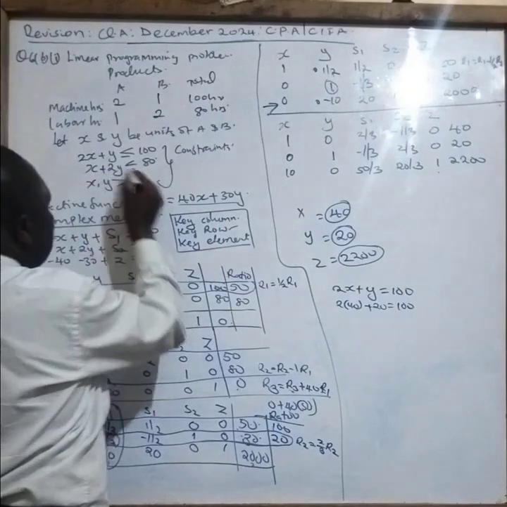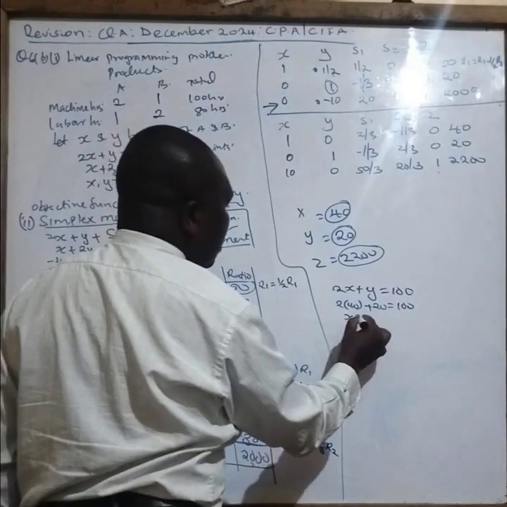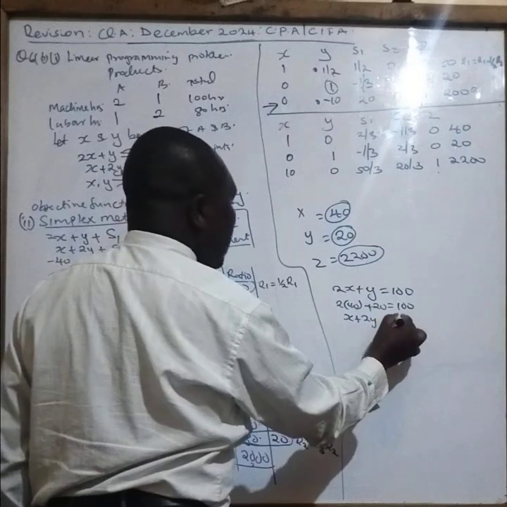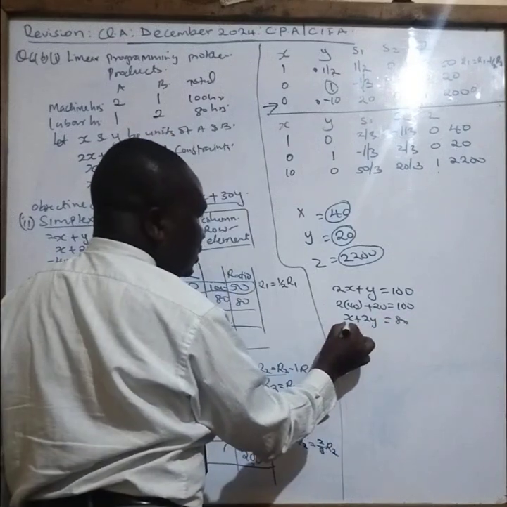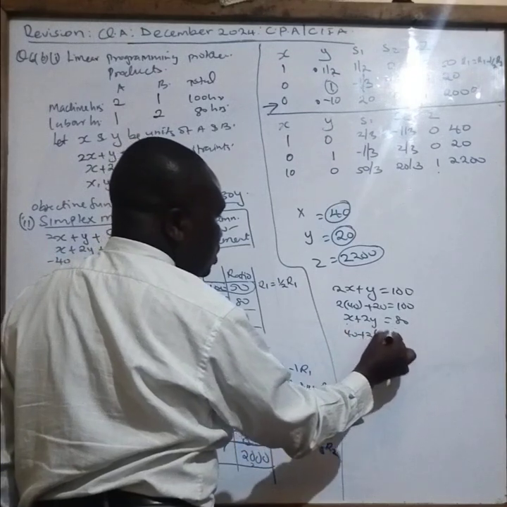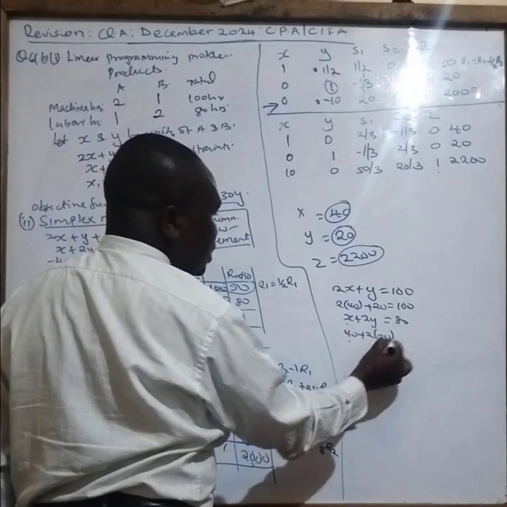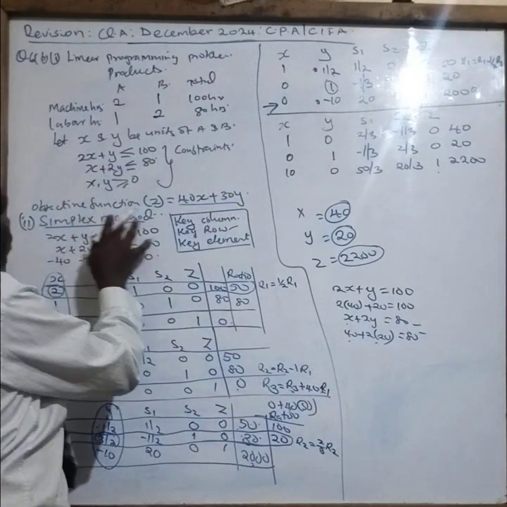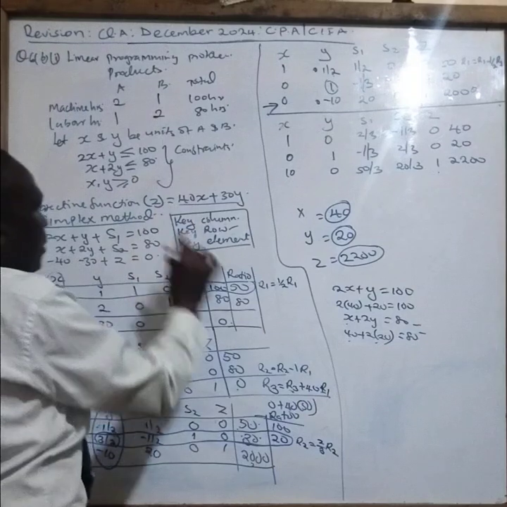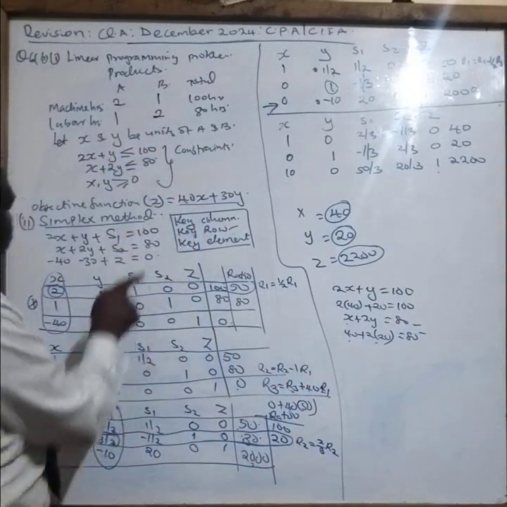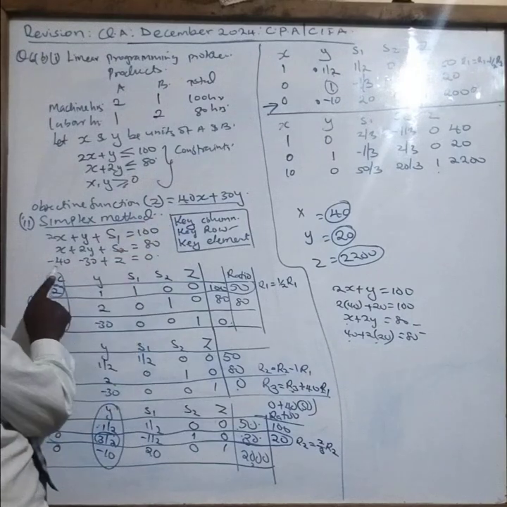The second one is x plus 2y, it equals 80. So x is how much? 40 plus 2y is 20. So 40 plus 40 is 80. It is coming. Then for the function here, we will not use this one, but you come here.